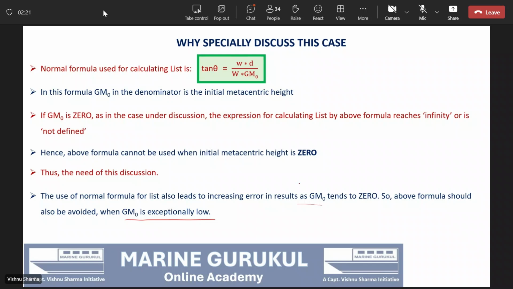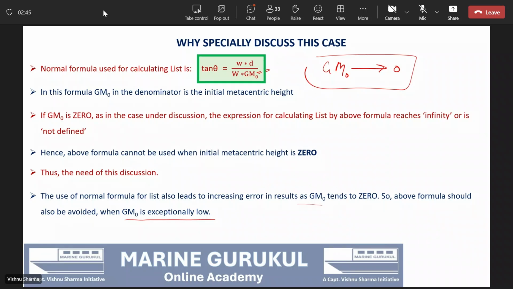Because what happens? You are saying GM is 0, but I'm saying if GM tends to 0, that means nearly 0, then what will happen? As the GM becomes smaller and smaller, this expression tan theta tends to infinity. So if GM tends to 0, tan theta tends to infinity, so error will amplify.